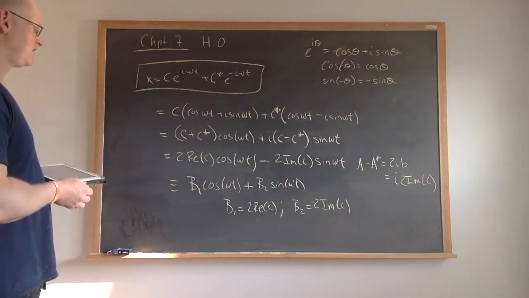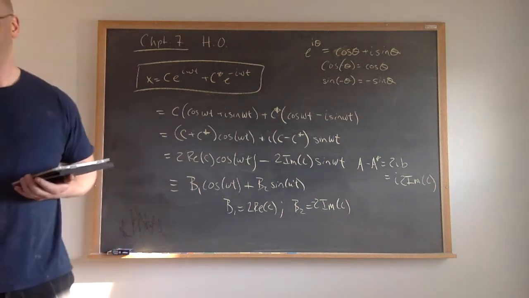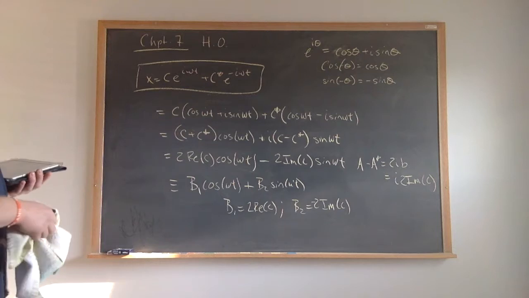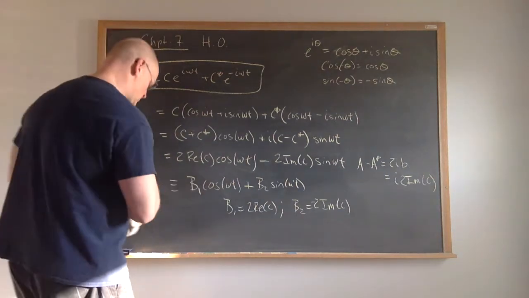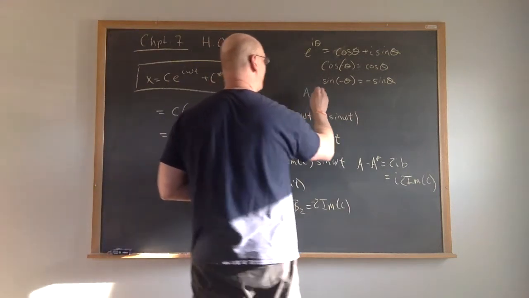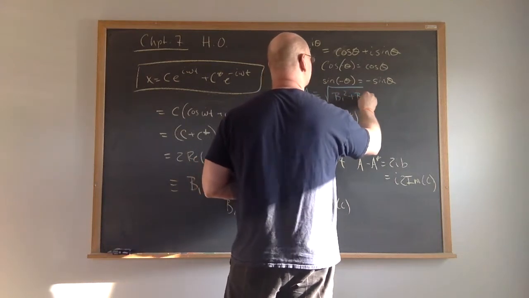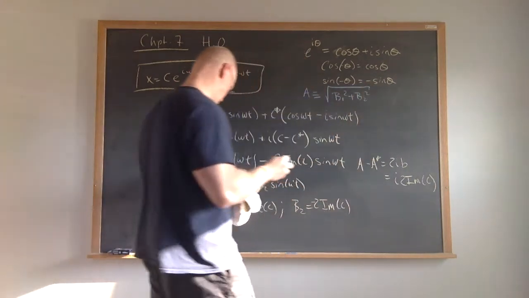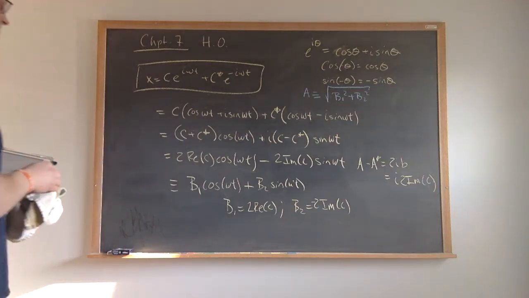But another way that we wrote it down in Physics 205 was in terms of the phase angle. One way we can do that is to define a new variable a, which is the square root of b1 squared plus b2 squared, meaning that we can work in a complex plane.